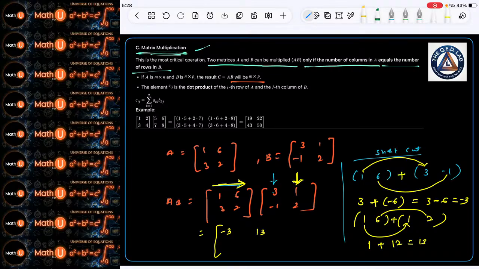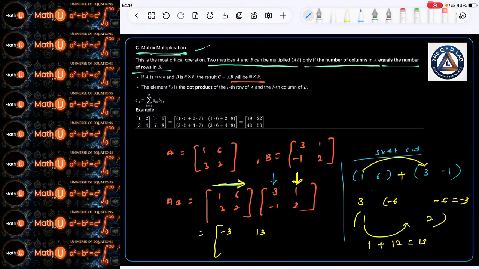Next, first row, are there any other columns here? No, then you end here, then come to the second row again. Multiply the second row with the first column. I will erase this one, one minute.